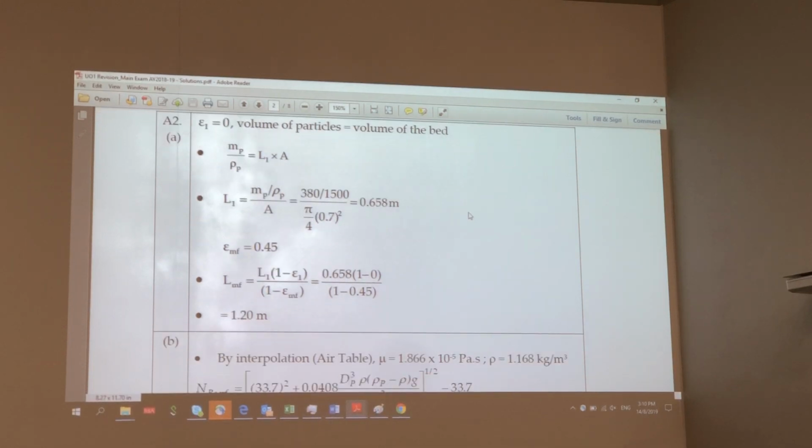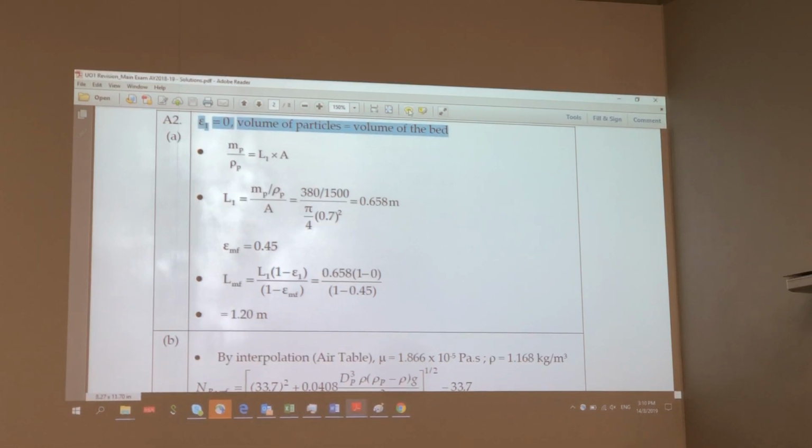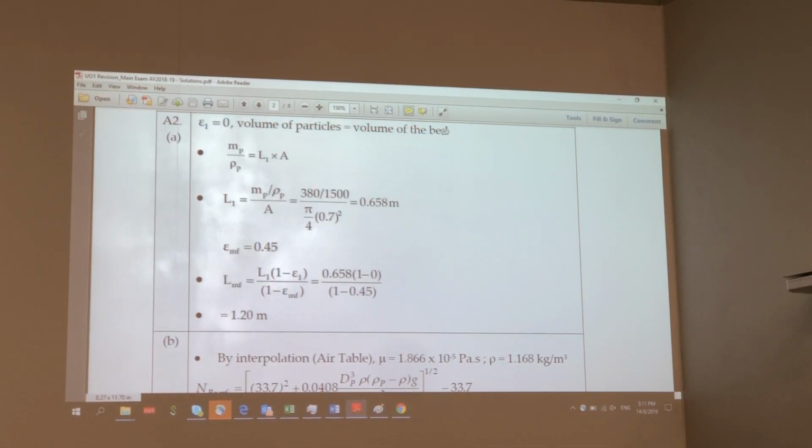Please take note, I need to highlight this again. This is the default condition, which is not given in the question, but you need to use it in order to find the void fraction at minimum fluidization condition.